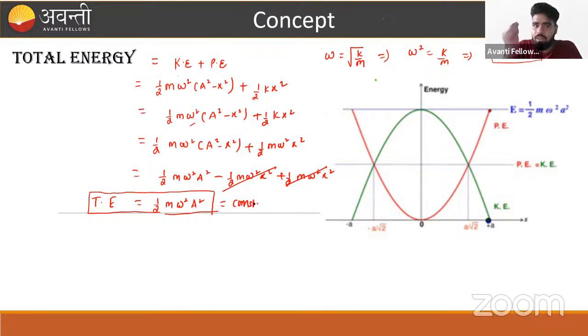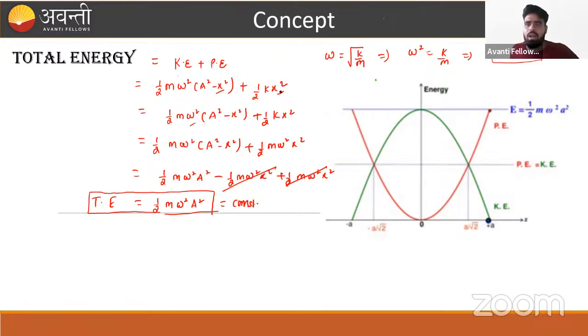Sir, what we see here, even kinetic energy is a function of x. Yes. Potential energy is also variable, but the sum of these two energies gives a wonderful result, a constant, and that is very, very important for JEE and NEET also. If you believe me, the JEE Main paper is currently going on.